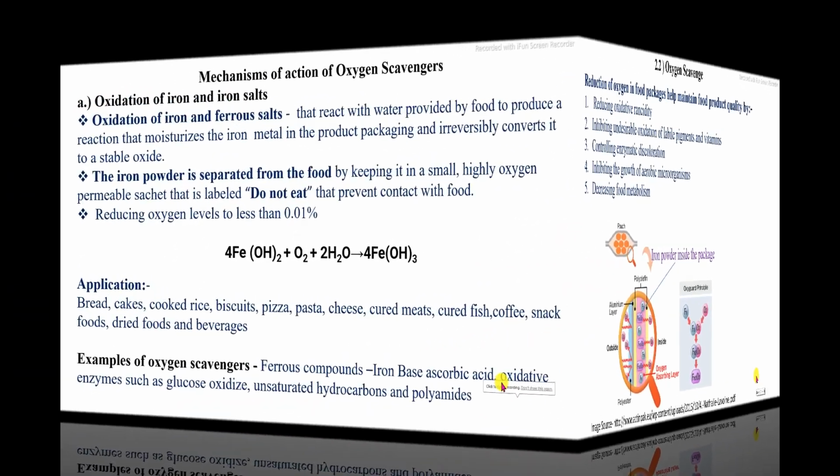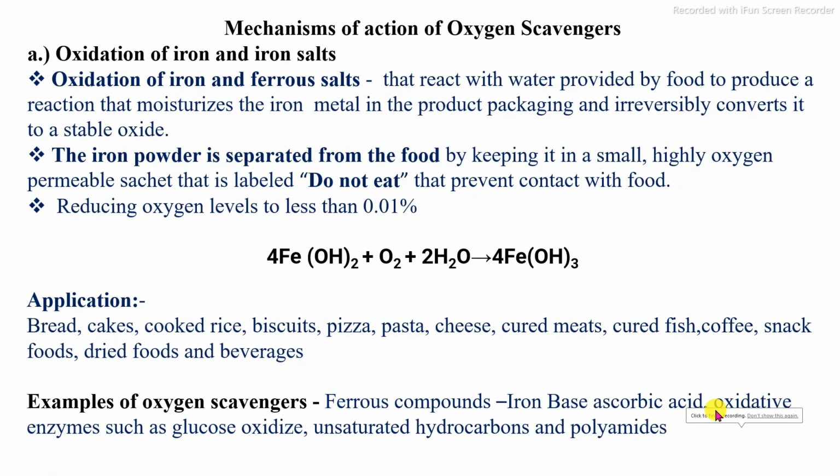The mechanism of the oxygen scavenger in this system: the iron powder reacts with the internal oxygen and the internal water provided by the food, forming a stable salt. This salt may be a reversible process, in which it is converted to a stable oxide.